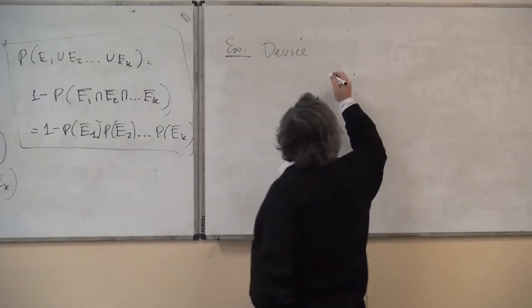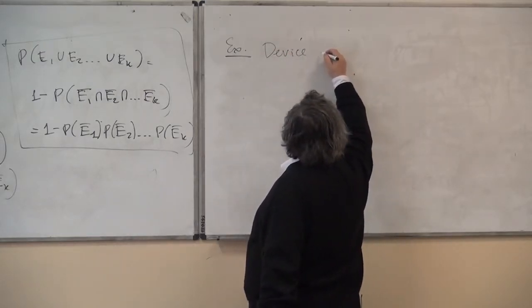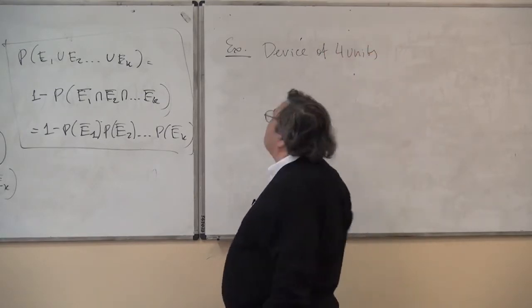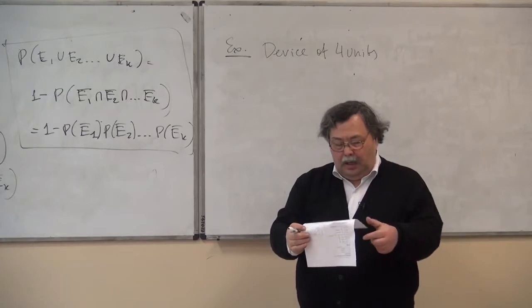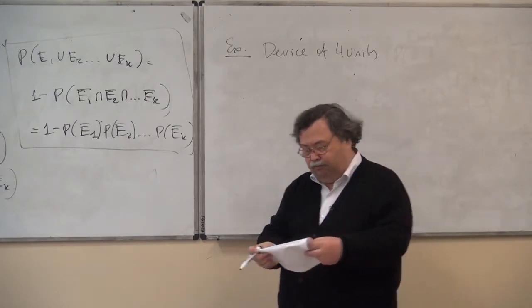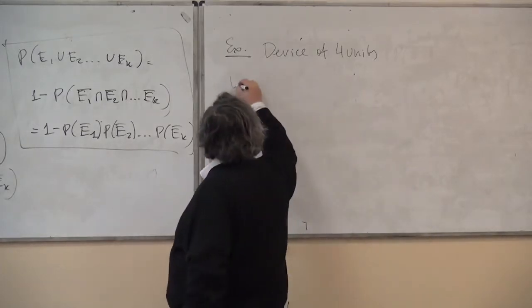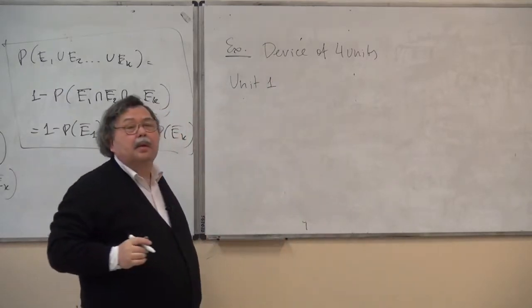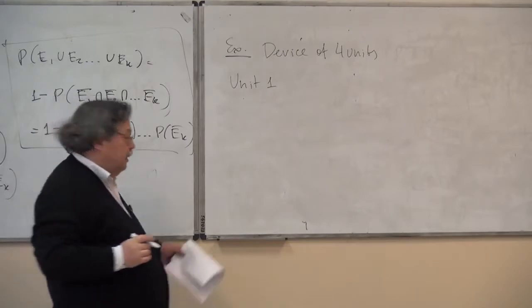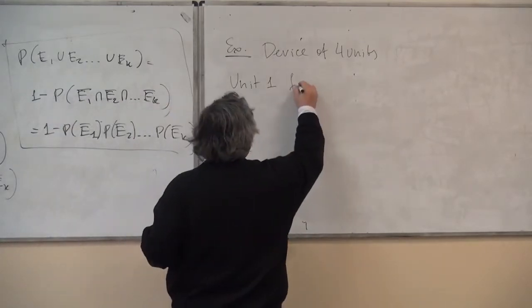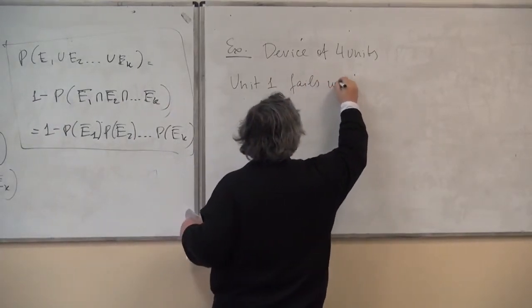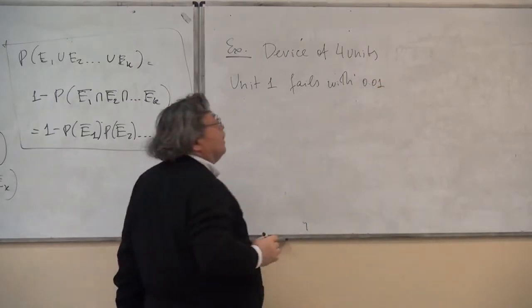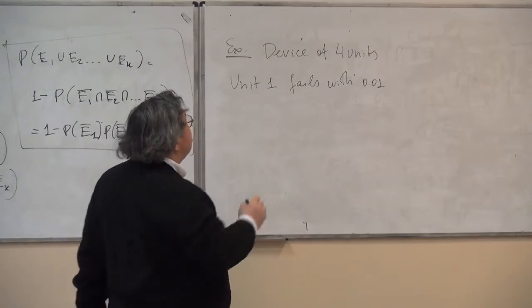Suppose we have a device that consists of 4 units. Unit 1 fails within 1 year of exploitation with probability 0.01.